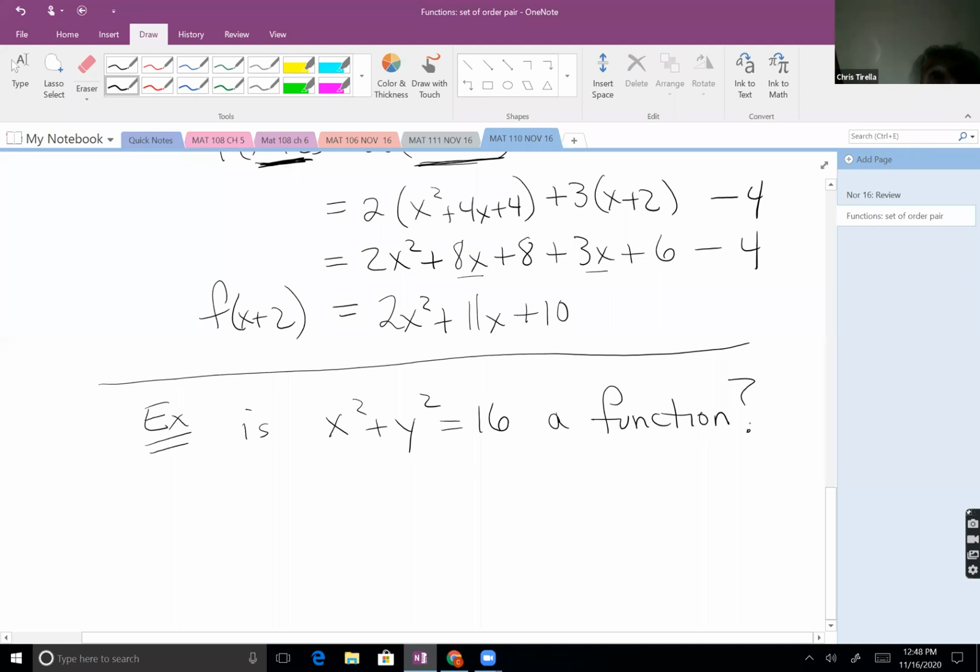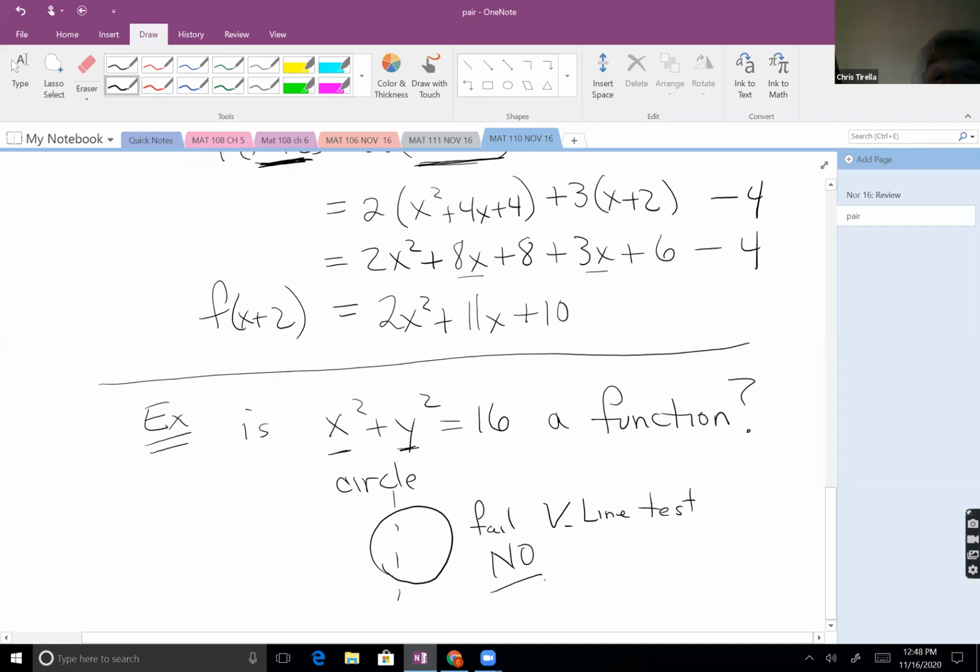And as I look at that, can anybody recognize when both x is squared and y is squared, what would the graph of that equation be when they're both square? A circle. It's a circle, beautiful. And since it's a circle, it would fail the vertical line test. And so here the answer is no, it's not a function.